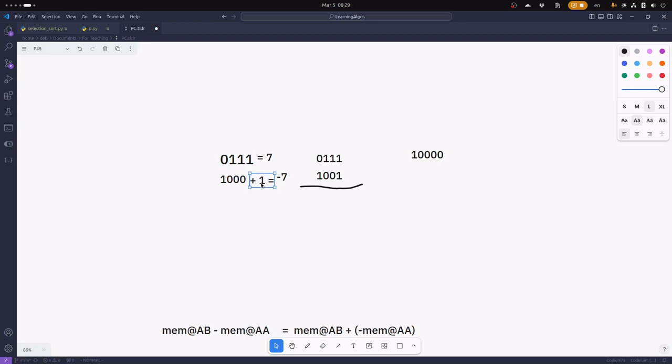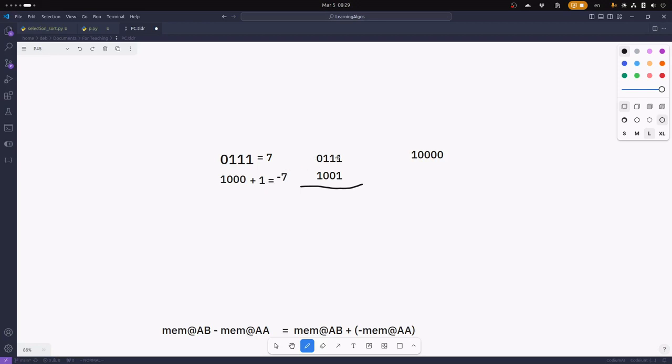As a result, we get a new bit pattern, which is this one. No, I did that wrong. Anyway, this is positive, and after flipping the values and adding 1, we got -7.